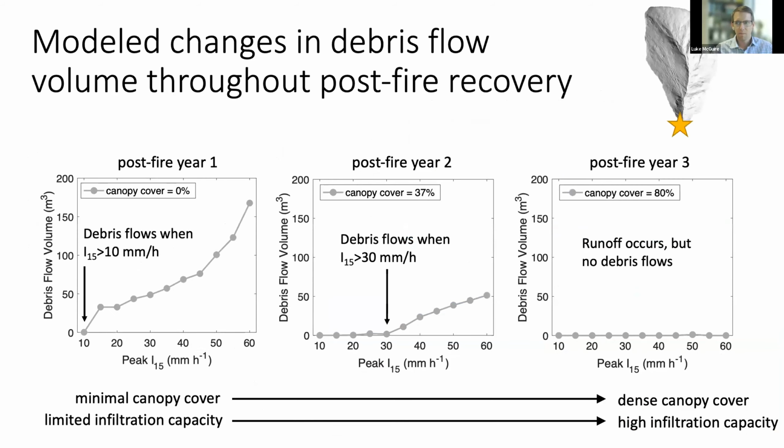One of the nice parts about having this type of process-based model that can ingest things like soil hydraulic properties that you can measure in the field, and vegetation cover that you can get from remote sensing data, is that you can incorporate that back into the model to see what's having the biggest effect on changes in debris flow susceptibility and debris flow size over time. An example of that is illustrated here: as we move from post-fire year 1 to post-fire year 2 conditions, we get a large drop off in the debris flow volume. So these are the types of ways that we apply this kind of model.